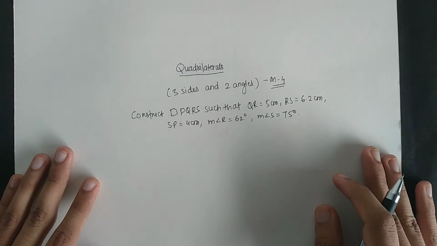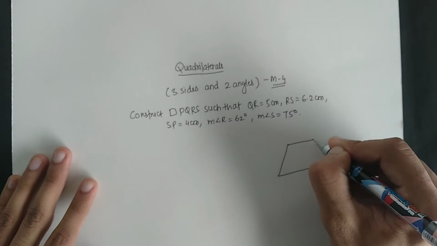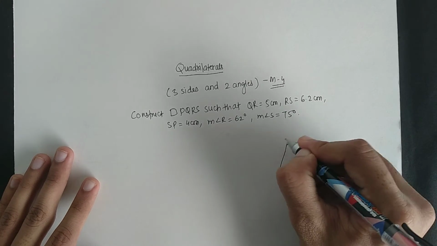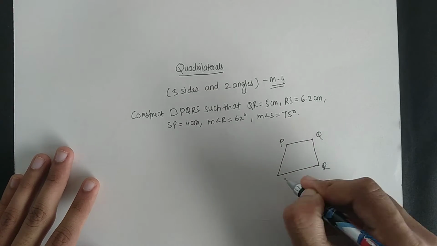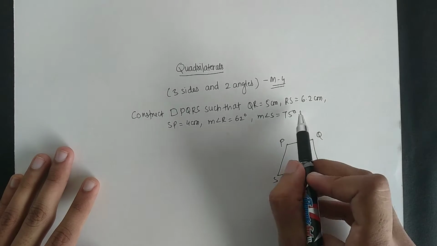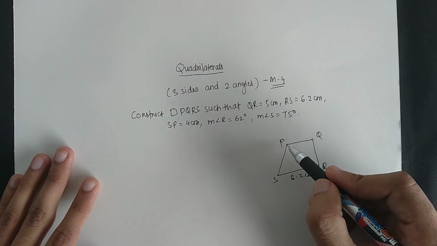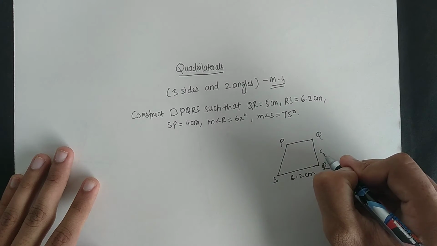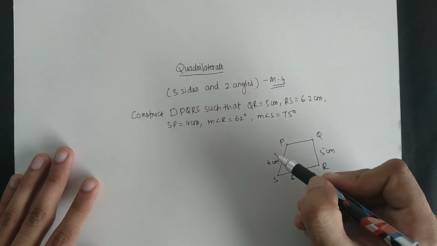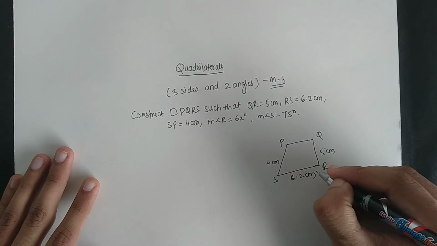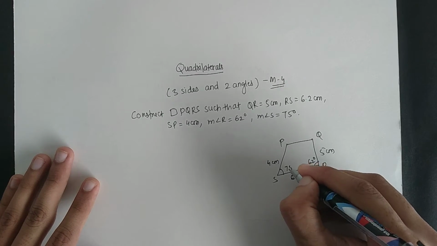First of all, I will draw the rough figure. I will take this quadrilateral as PQRS. RS is 6.2 centimeter, then QR is 5 centimeter, SP is 4 centimeter, and angle R is 62 degree, and angle S is 75 degree.